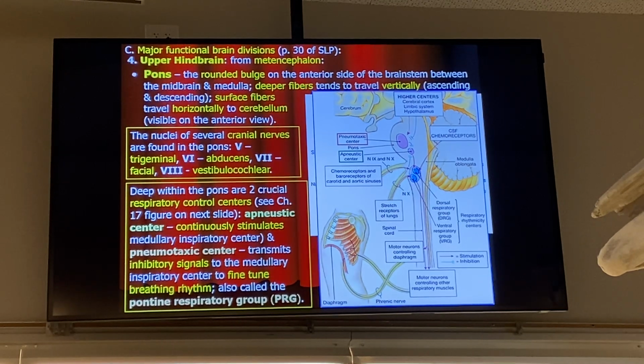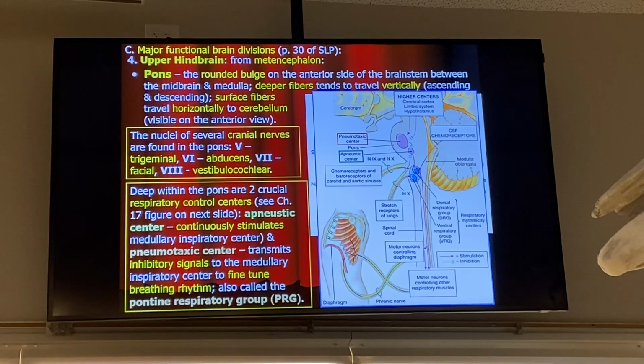Now, when we get to the last of the 5 vesicles, myelencephalon, in the medulla oblongata, there is this thing called the vital reflex centers. There are 3 sets of vital reflex centers, and that's going to be crucial for Lab 11. Okay. And in the vital reflex centers, one of the 3 is the RRC.